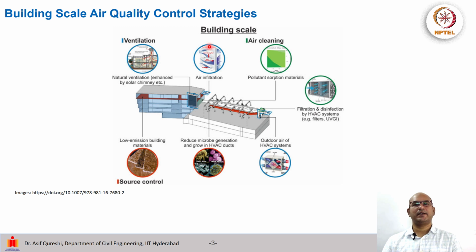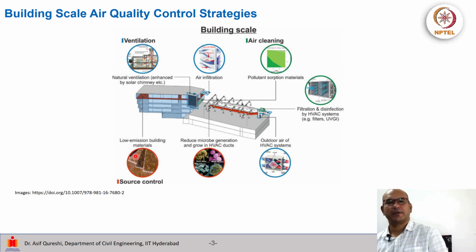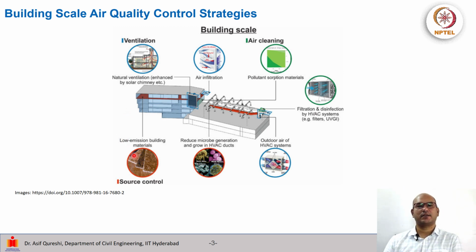When we come to the building scale, in the building we can provide more ventilation. We can have more natural ventilation, maybe by a solar chimney. One can install low emission building materials so that the source is controlled.